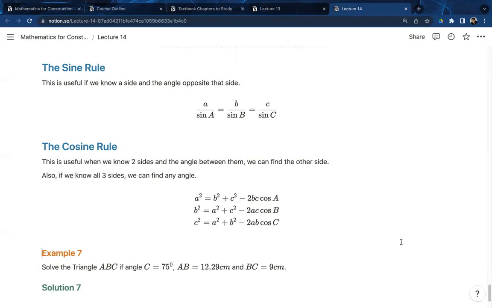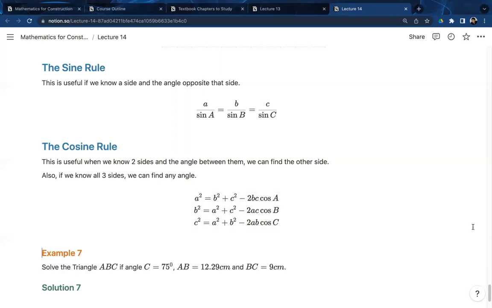Pythagoras' theorem is only used in right angle triangles. The cosine rule is the Pythagoras theorem when the angle is 90 degrees. Cosine of 90 is 0, so this minus 2bc term here goes away, and you have a squared is b squared plus c squared, or c squared is a squared plus b squared.